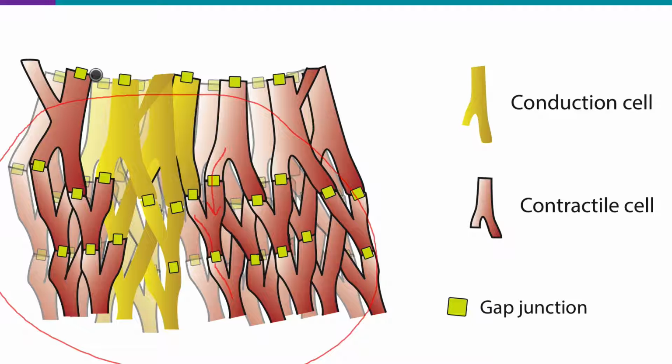That means that the electrical impulse will travel very fast through the conduction cells. But as soon as the conduction cells have delivered the impulse to the contractile cells, the remaining conduction of the electrical impulse will be slow. So impulse conduction between these cells is slow, and impulse conduction between these cells is very rapid.